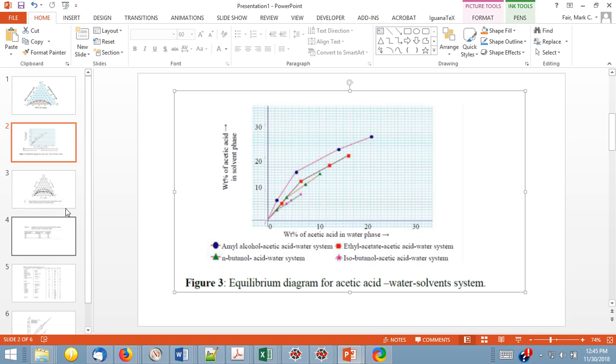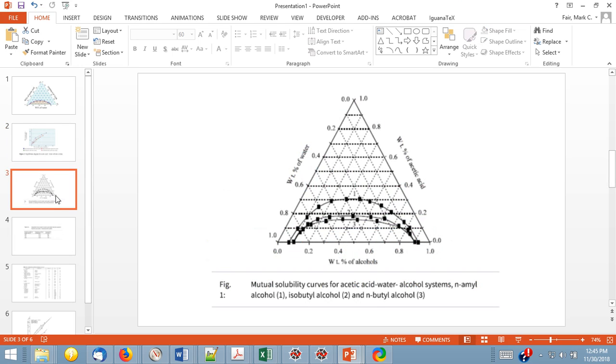A second reference that I found with this system showed a phase diagram very similar to this one. They were examining different systems here, but it's acetic acid, water, and then a couple different alcohols. Again, it shows the significant miscibility. Both of these papers provide enough information that we could get a couple of tie lines from it, which would allow us to do analysis with partial miscibilities, which gets a little more involved and complicated.